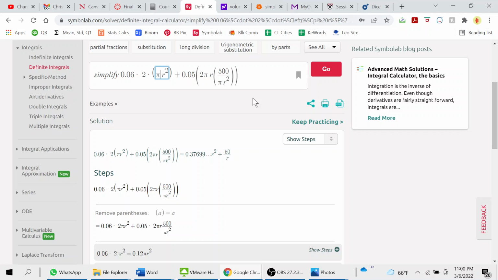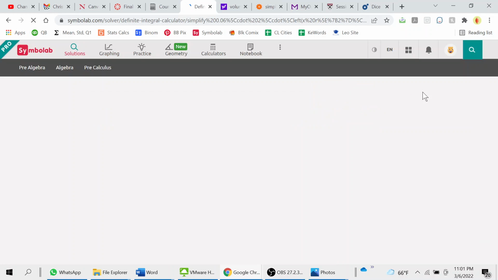Okay, a little hack. I'm gonna replace every pi with x, so that it won't calculate it and will just treat x like a variable. Okay, let's see this.